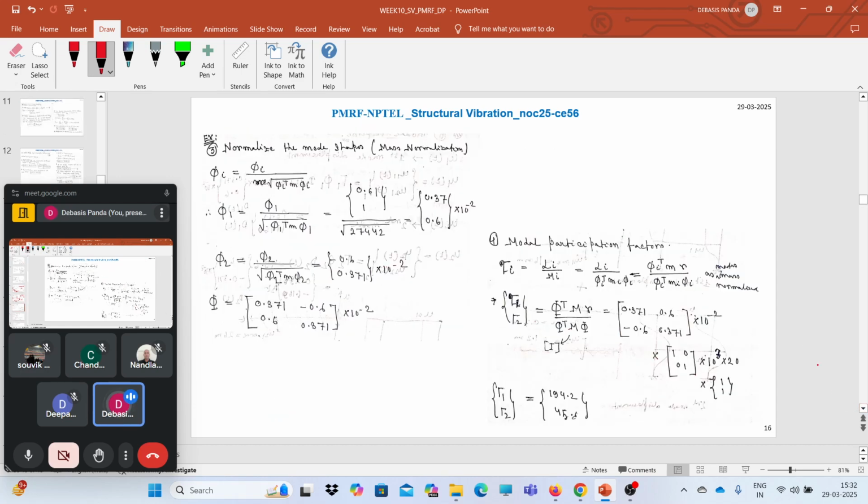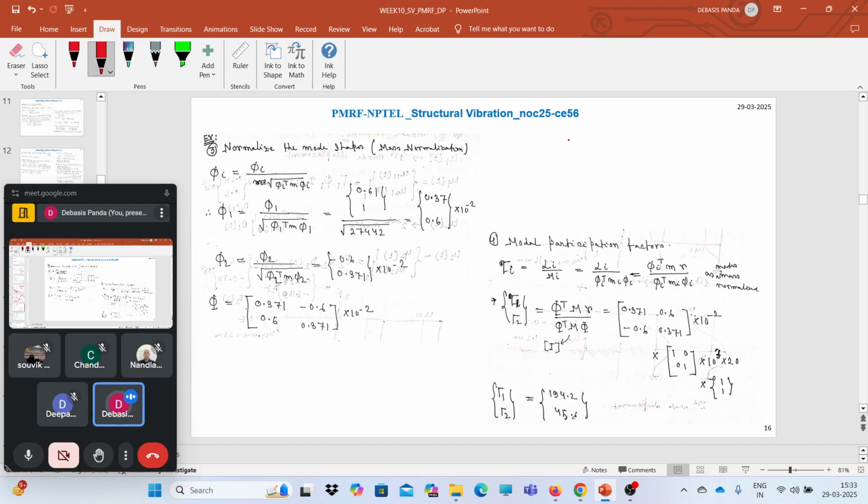Before that, as already discussed, we first need to normalize the mode shape with respect to mass normalization, because when we solve using MATLAB or any computational facility, it is less heavy and leads to better convergence.